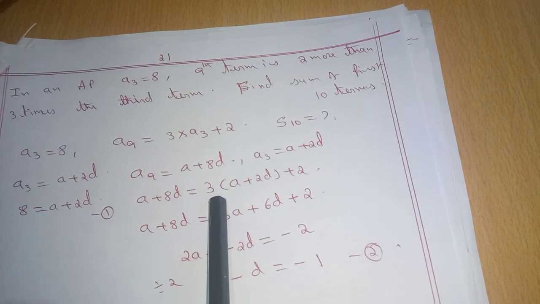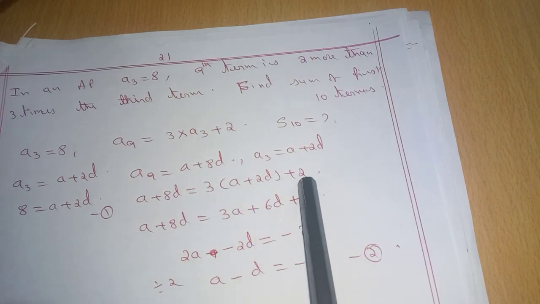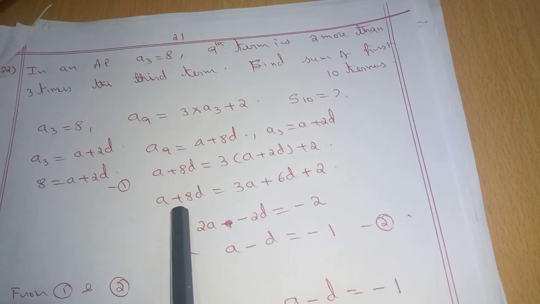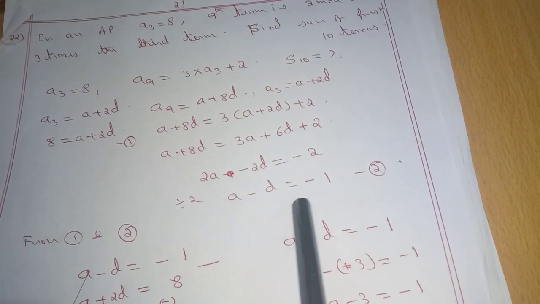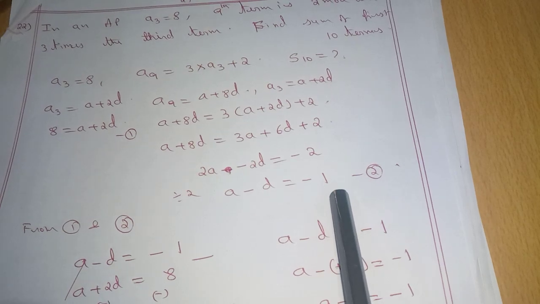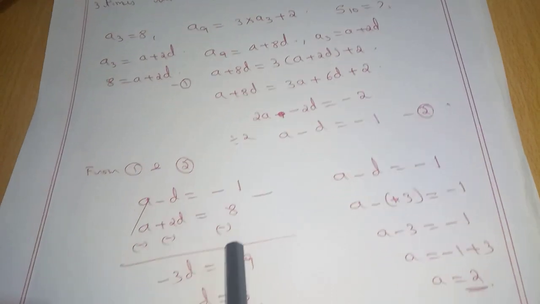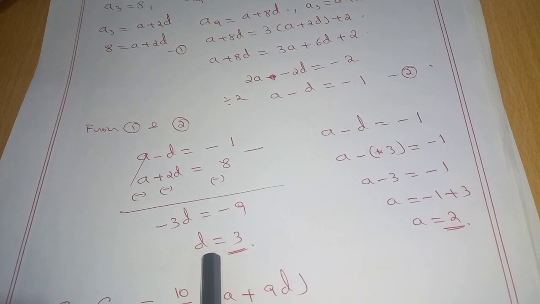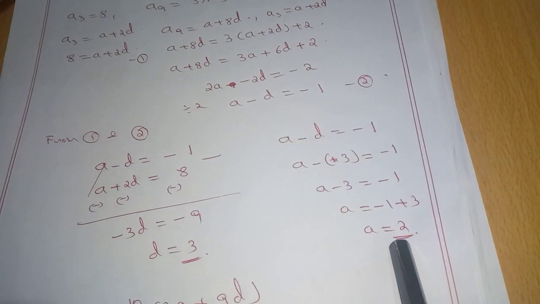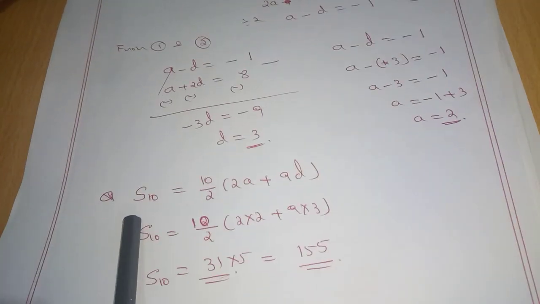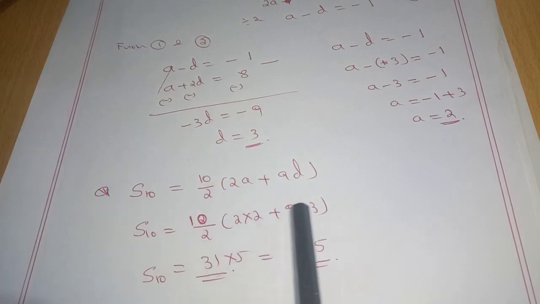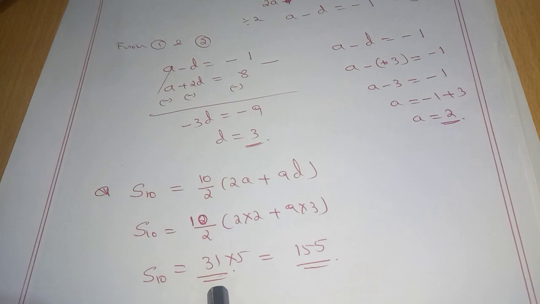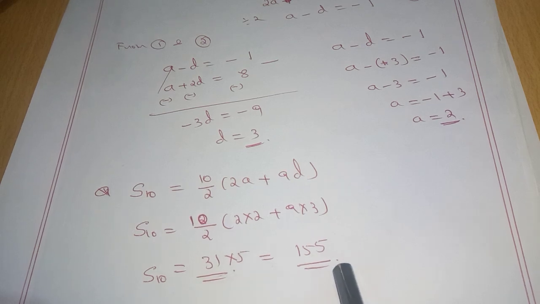A plus 8d is equal to 3 into A plus 2d plus 2. A plus 8d is equal to 3a plus 6d plus 2. A minus d is equal to minus 1. Writing them together, we will find the value of d is equal to 3, a is equal to 2. Then we have to substitute in the S10 formula. We will get 10 by 2 into 2 into 2 plus 9 into 3, that is 31 into 5, 155.